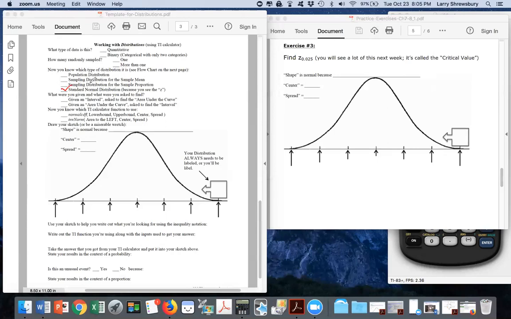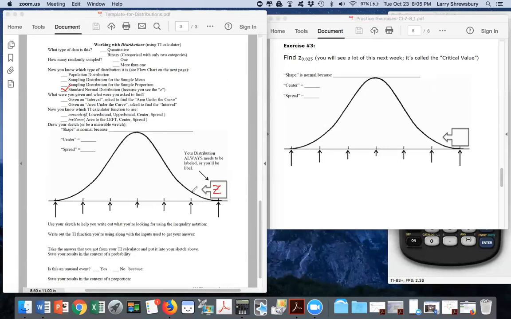It could represent any one of those. Now let's make a little picture of this. Let's put a z there. That little subscript is the area that's in the right tail. So let's say you start at the center and the area to the right is 50% in the right tail. Well, this is much smaller than that, so you just know you need to go off to the right.